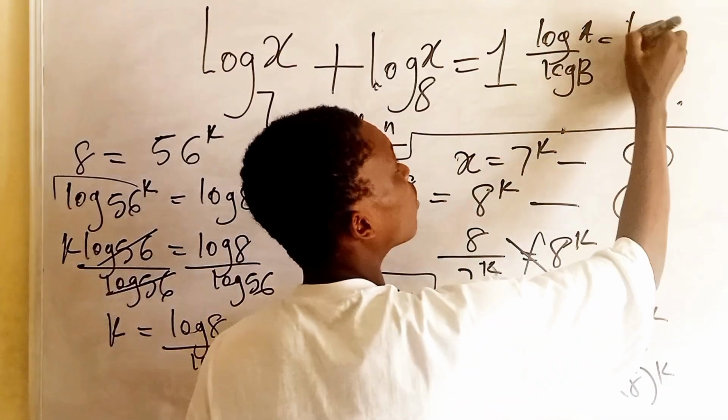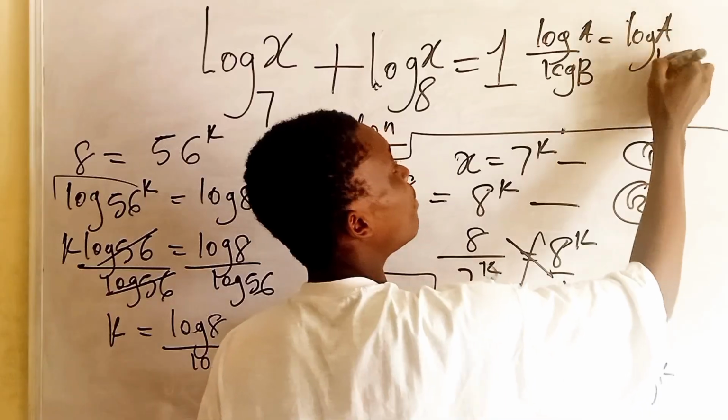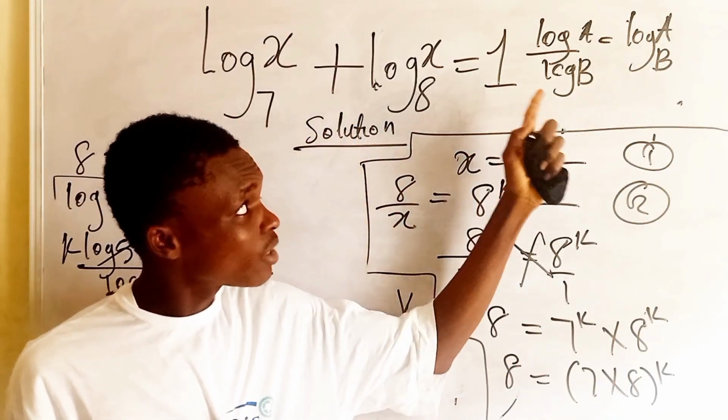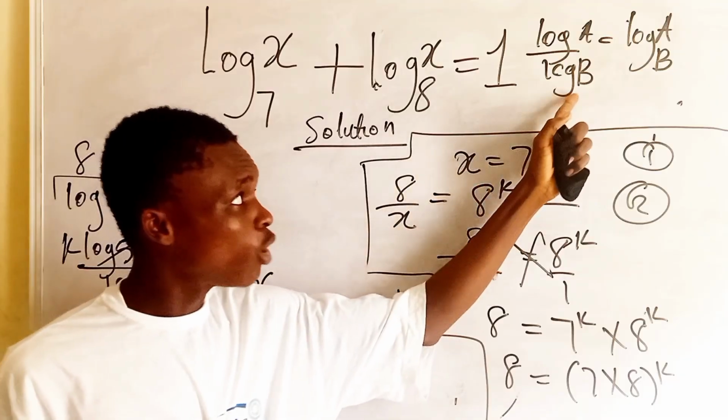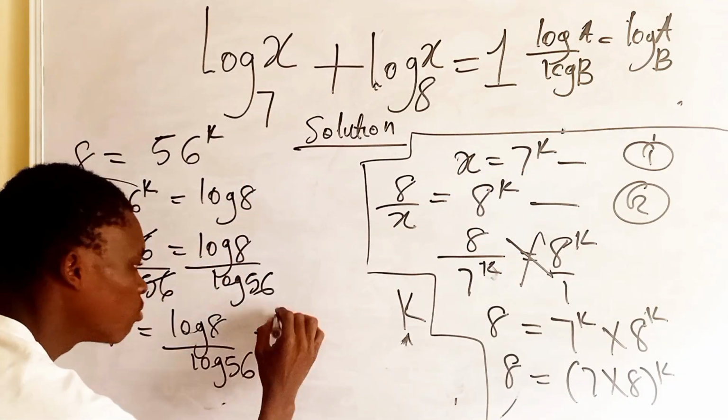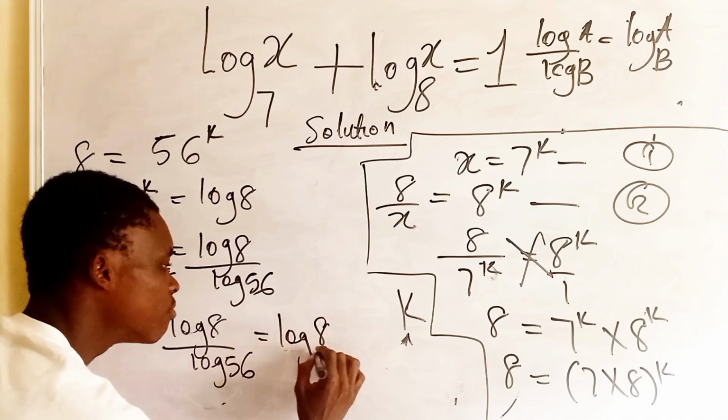So this equals log a base b. The log a becomes the base in the other part. So from here, let's interpret that like that. This becomes log 8 base 56.